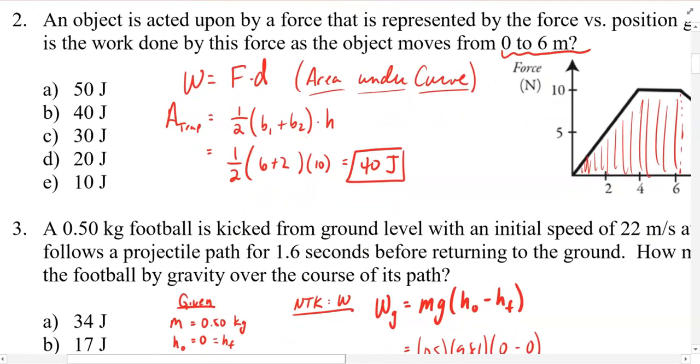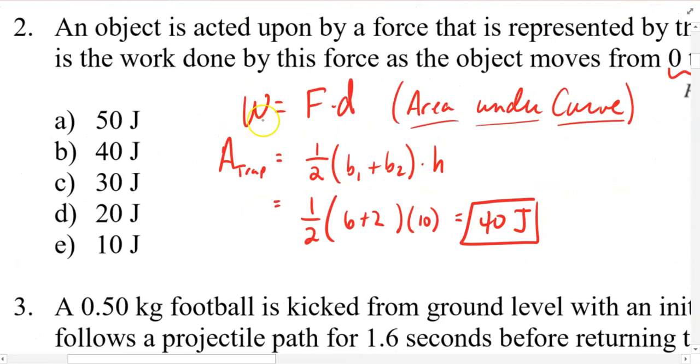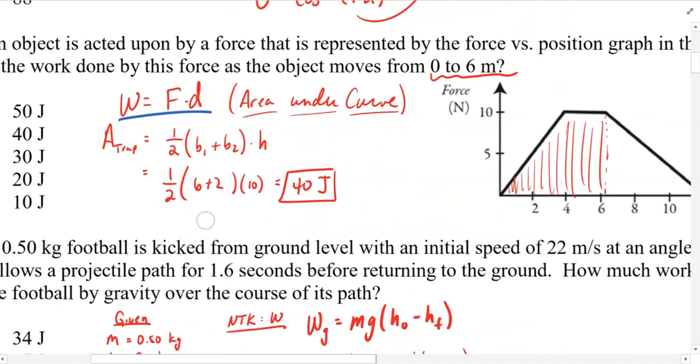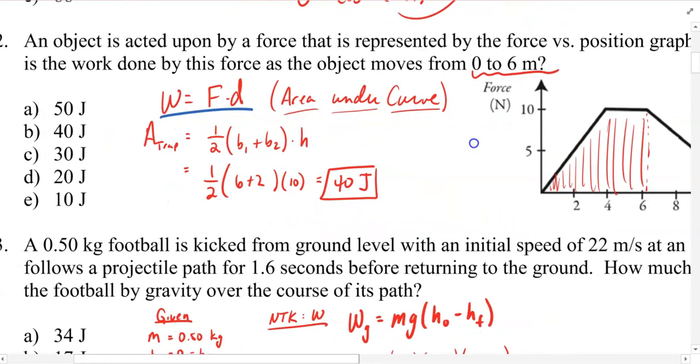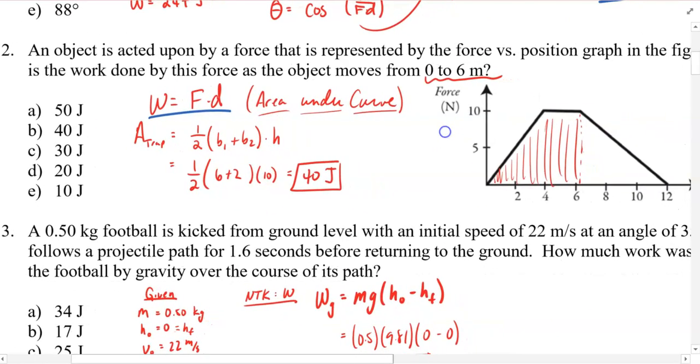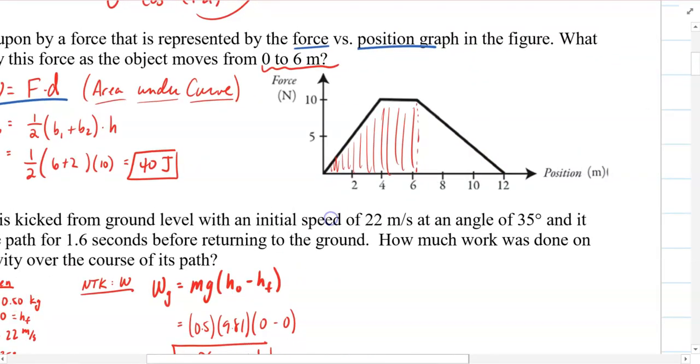Now, keeping in mind the notion of work being force times distance, we've got problem number 2, where an object is being acted upon by a force, and we have this graph to represent how much force is being applied over the distance that the object's being traveled.